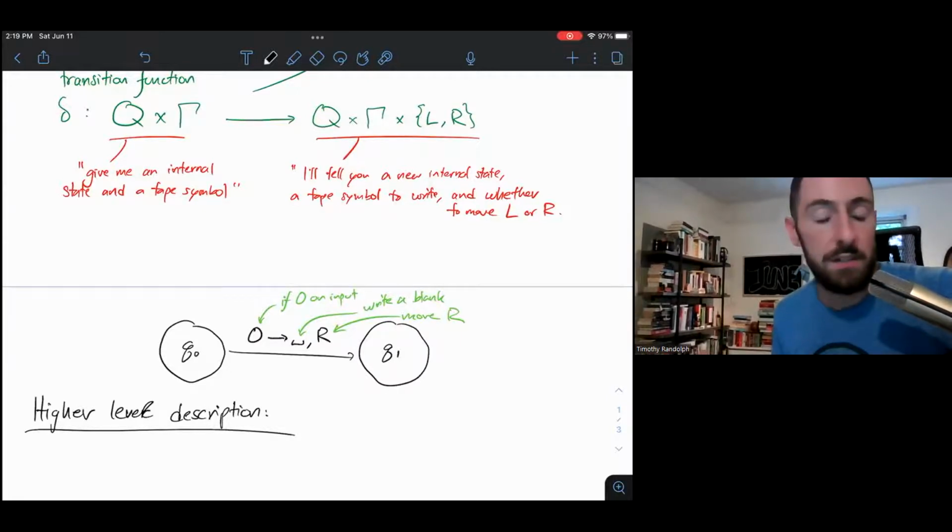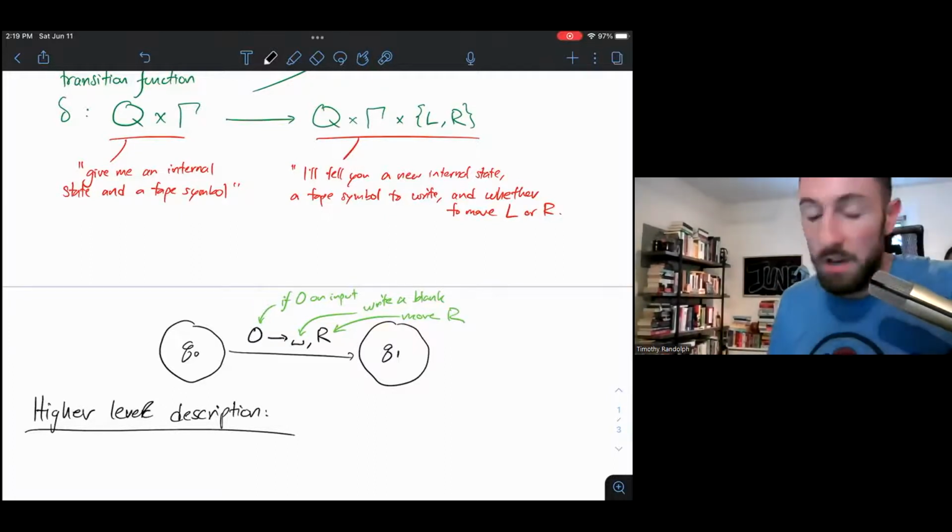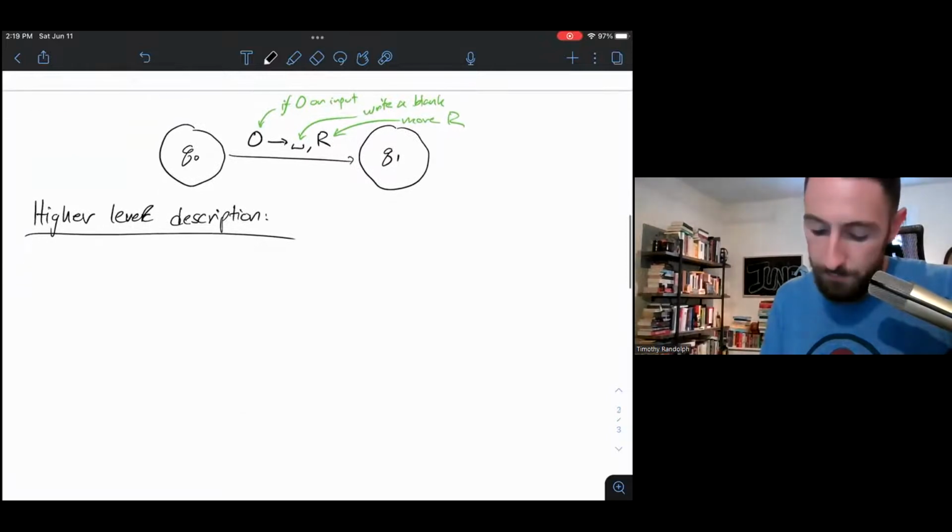Once we're confident that Turing machines can do just about anything you would expect them to do in a finitely described procedure, reading and writing on their input tape, we can be confident enough to write out fully specified procedures for Turing machines at a higher level. So I'm going to write down one example of that.